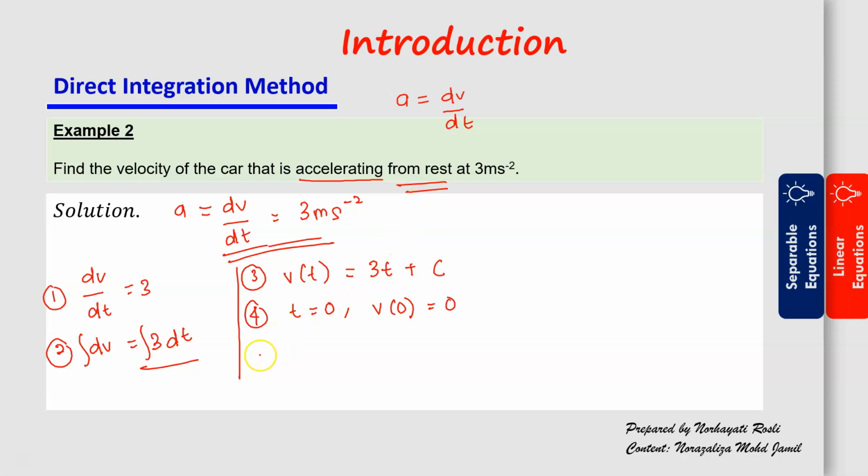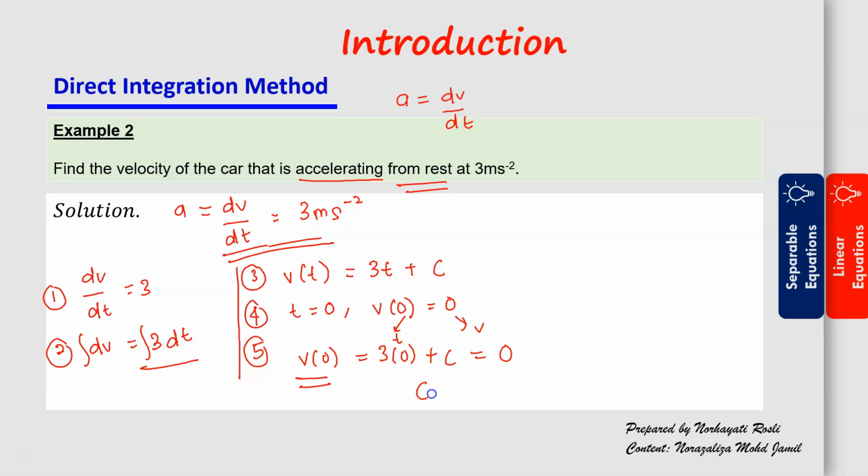So class, I can substitute here v at time 0 equal to 0. I can substitute in this equation: v at 0 equal to 3 times 0 plus c, which is equal to 0. This one is actually 0.